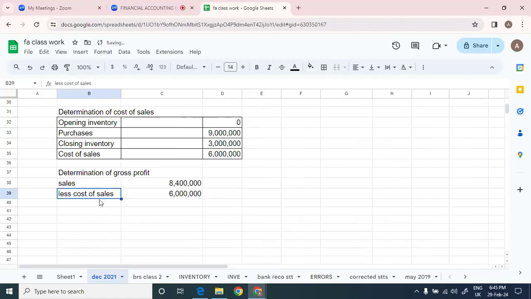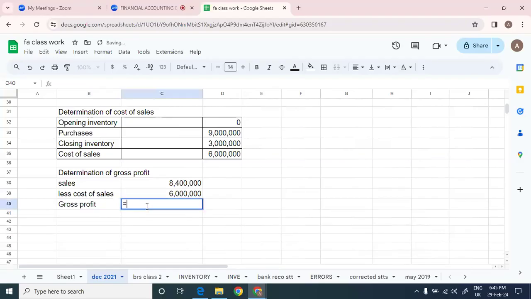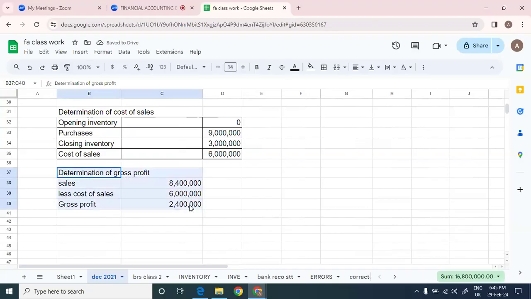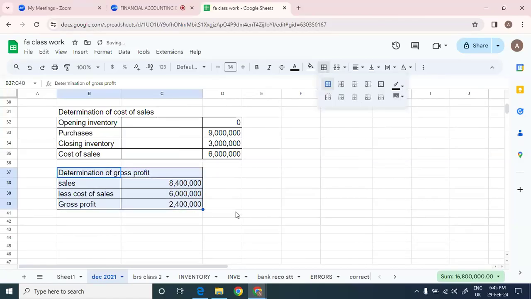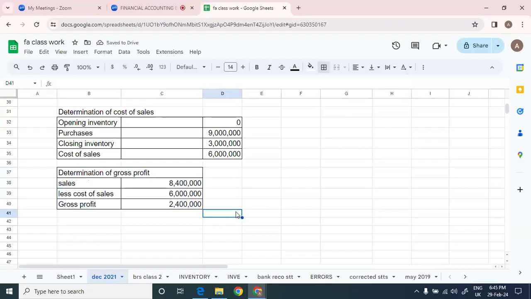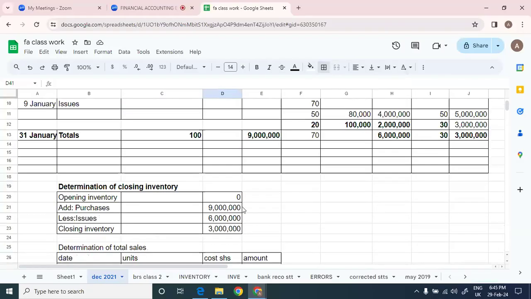Therefore, my gross profit is equal to 8 minus 6, we get 2.4. So I've already determined the gross profit under first in, first out. Are we together?